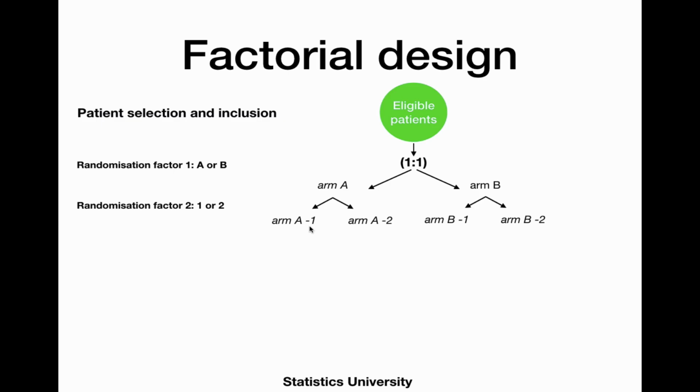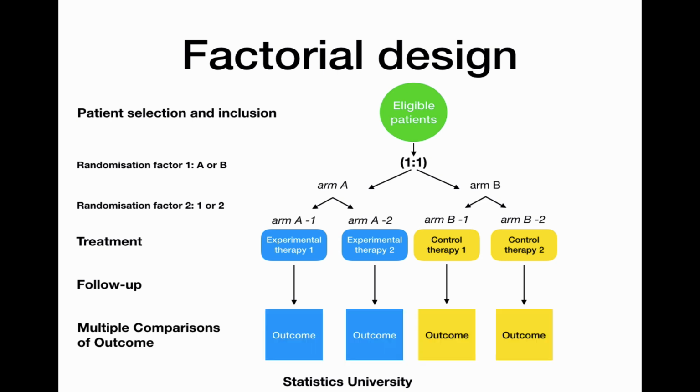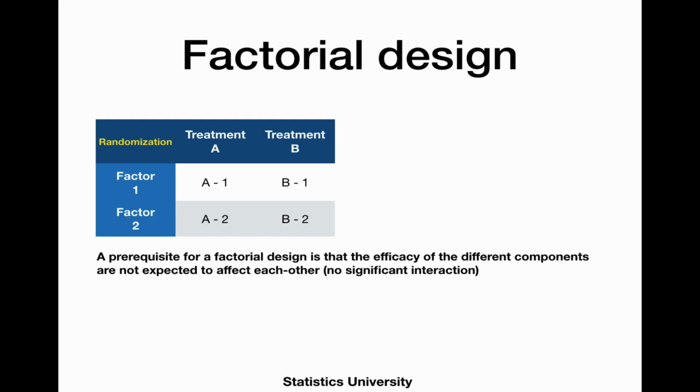And in this way, multiple comparisons can be made in one randomized controlled trial. Now, patients receive their respective therapy, are followed up, and then we can draw multiple comparisons of outcome. Assuming that the components don't affect each other, so there's no significant interaction between the treatment arm and these two factors, we can, in the group that received factor 1, compare treatment arm A to treatment arm B, and do the same for the group of patients that received factor 2.